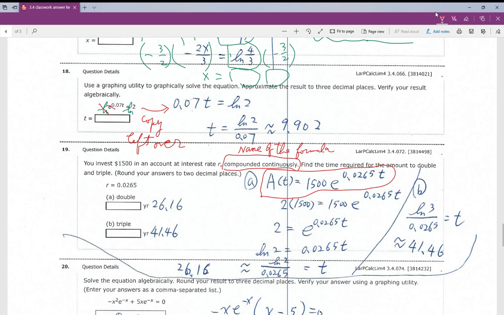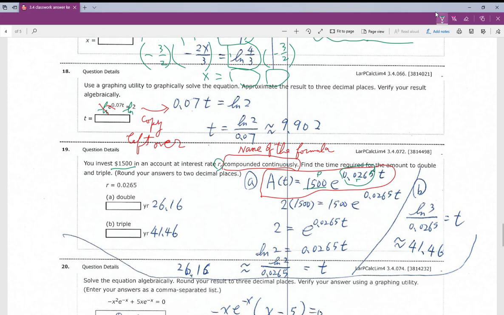The investment is the principal. And the rate, this is the rate R. Okay, so just follow the formula and plug in your data.